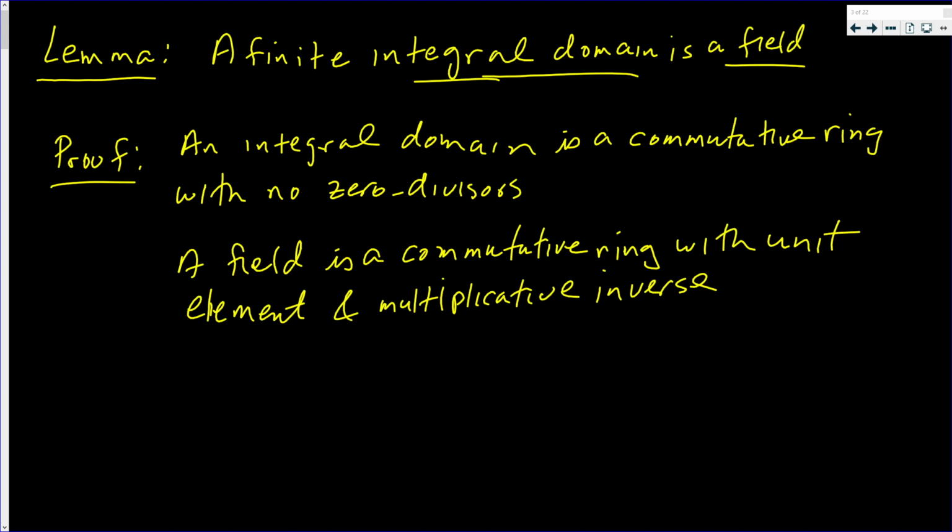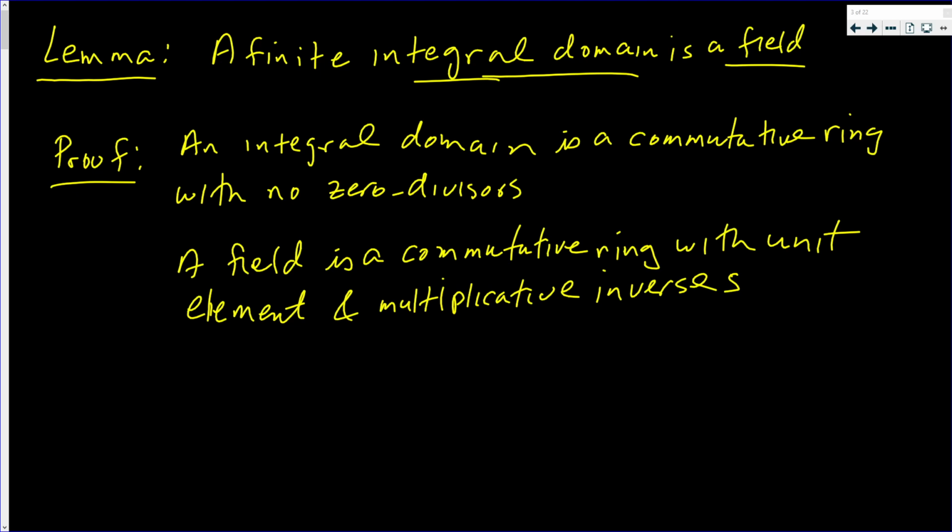A field, on the other hand, is also a commutative ring with a unit element and multiplicative inverses. So what do you need in a field that we don't have in an integral domain?